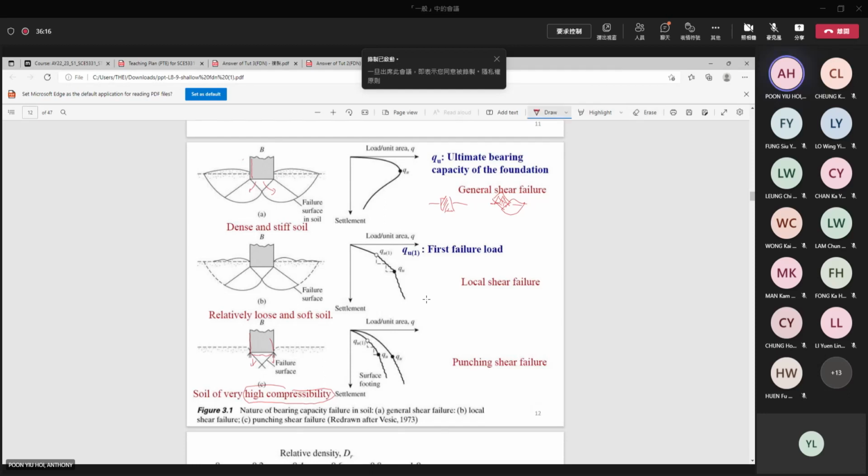Compare with this one: you will see this is a punching failure because the material is very soft. So this is what is called the punching shear failure, and this is called a general shear failure. And our discussion is mainly on the general shear failure. Of course, there are other conditions.